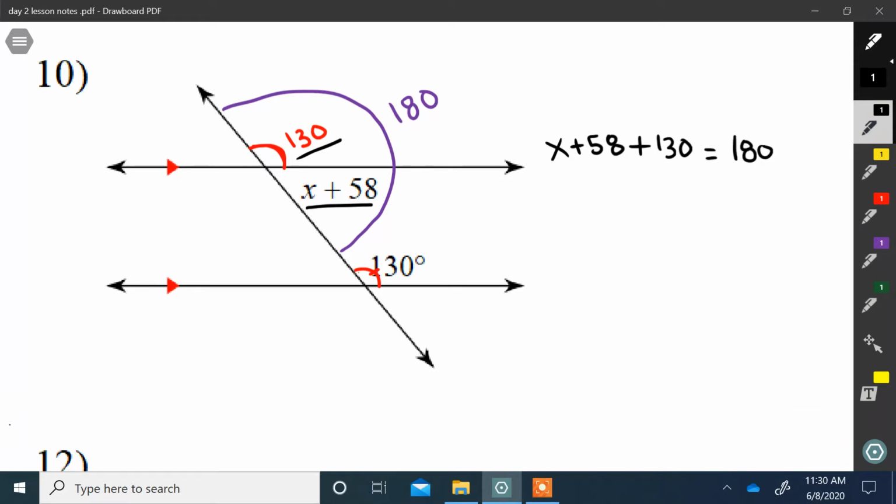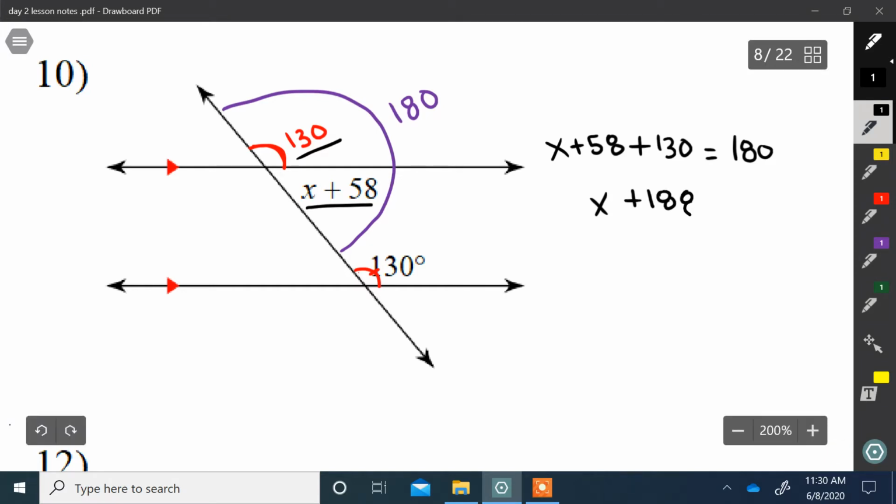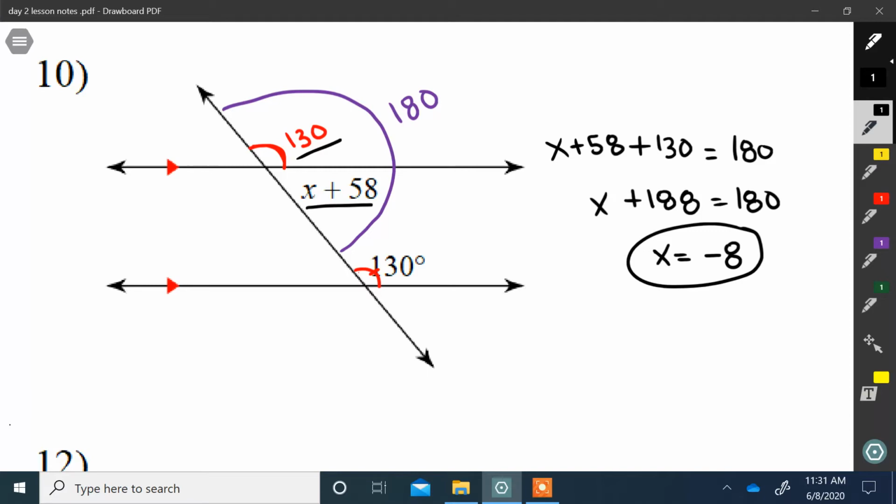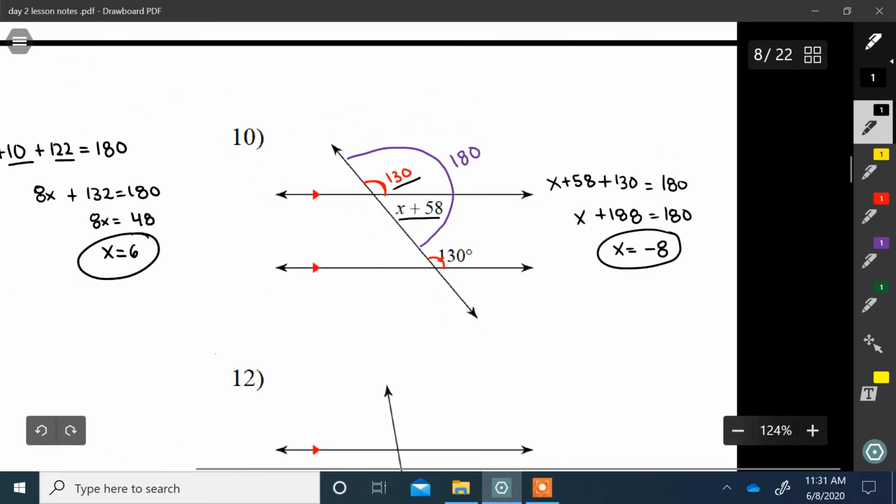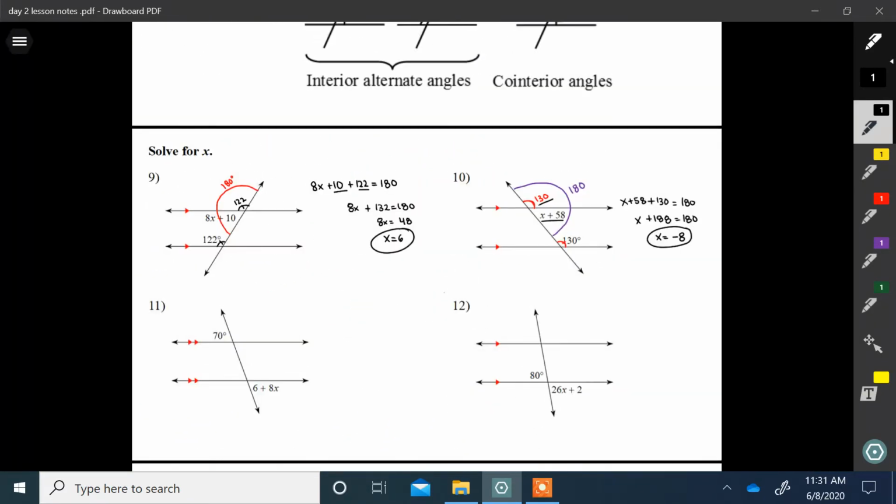So if I add 58 plus 130, that's going to be 188. You're going to be subtracting 188 on both sides, you're going to get -8 as your final answer. And it is okay to get negative values in here. Let's do a couple more, guys.